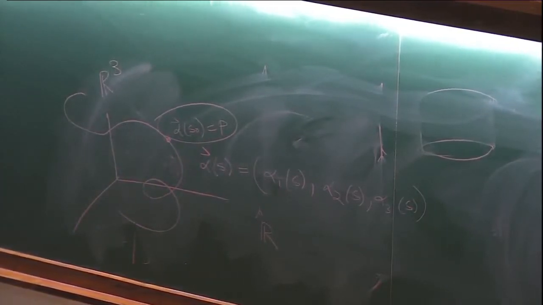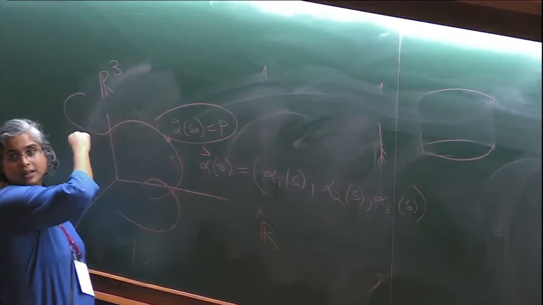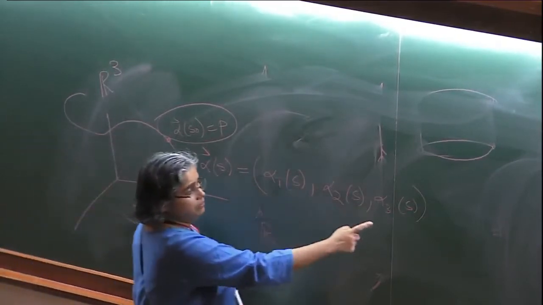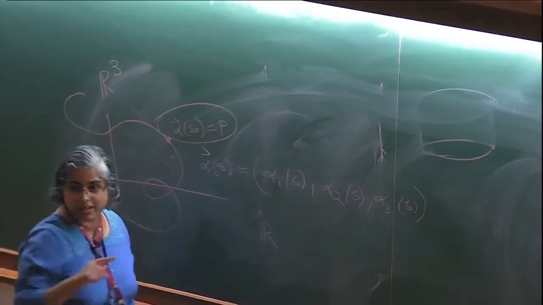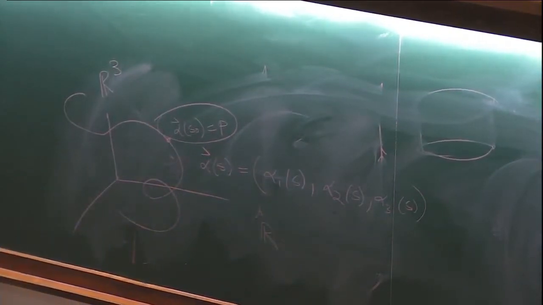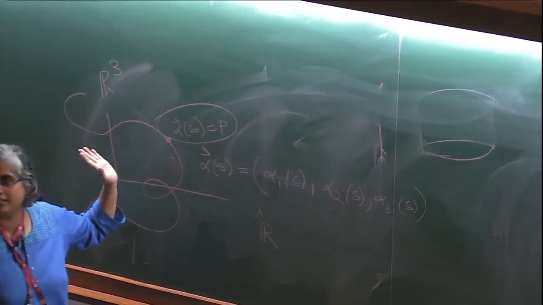There is a free parameter S, and that gives you a one-dimensional figure. Even though there are 3 coordinates at each point, there is only 1 degree of freedom, so it actually traces out a curve. As soon as you specify S, a point on the curve is fixed.